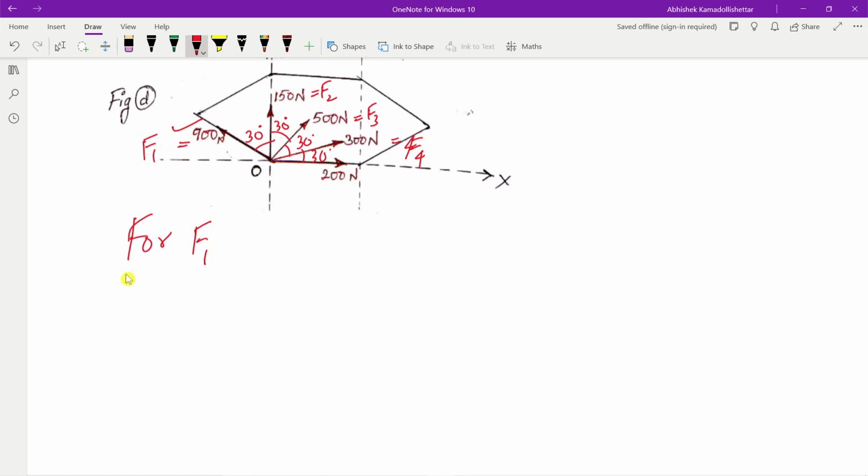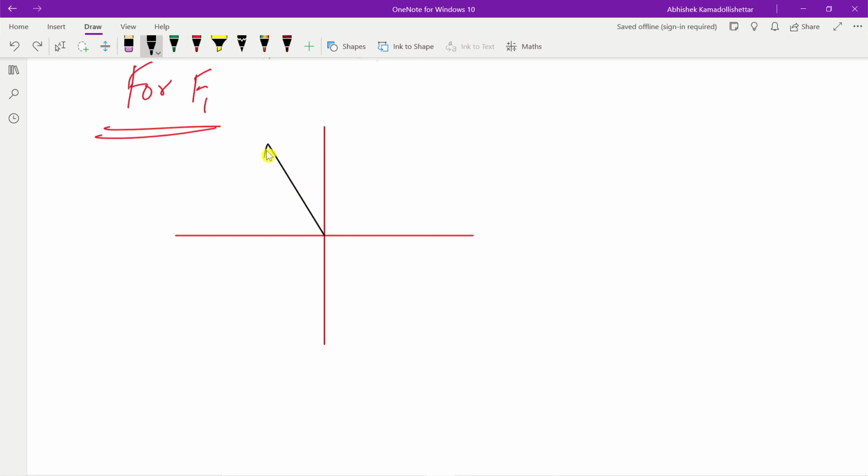Let's start with force F1. The force is 900 newtons, and the angle inclined is 30 degrees to the vertical. This is the y-axis, this is the x-axis. The component along the y direction is 900 cos 30 degrees, because the 30 degree angle is attached to the y-axis.